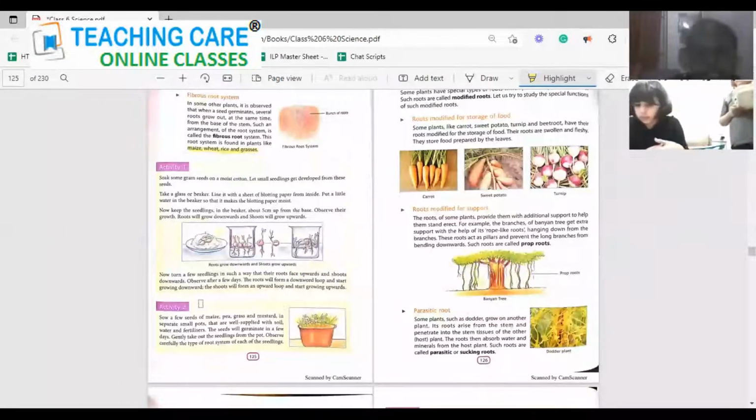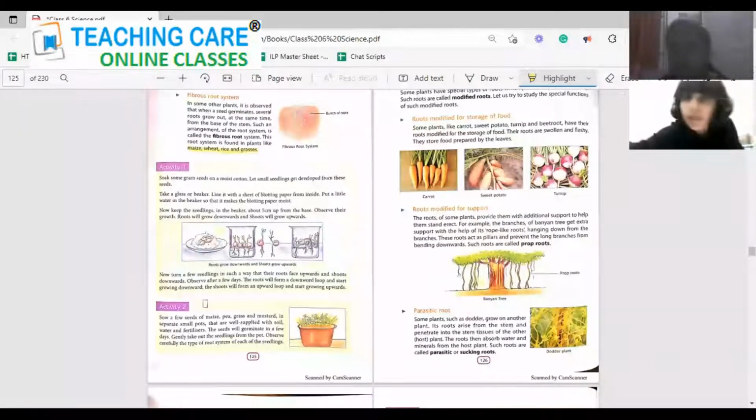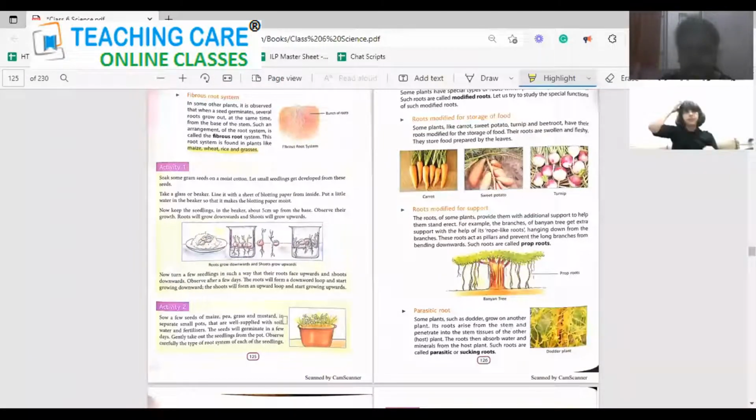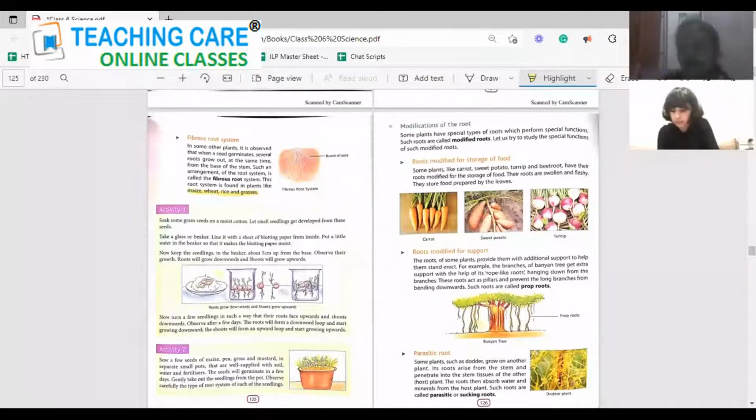One more thing, you can take wheat and keep it in soaked wet cotton, and observe how the root system is there. These are the activities mentioned in your book to make you understand more about the fibrous root system and the taproot system.